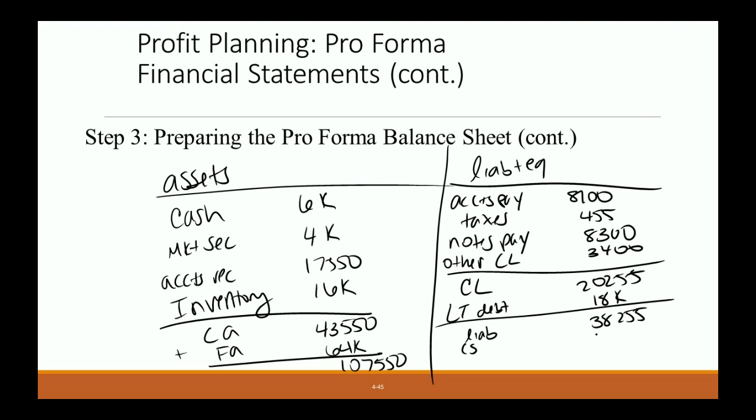So our common stock was $30,000, and retained earnings $29,327 to give us our total of $97,582, which is not the same as our $107,550. We know that it has to be, and so we do have to have external financing in the amount of the difference. And so that would give us our total liability and equity of $107,550. So we do have to use a plug figure.